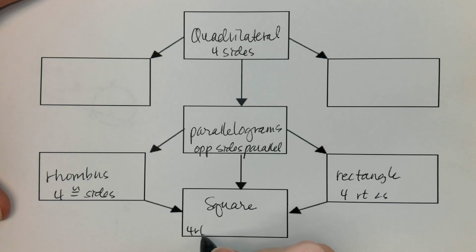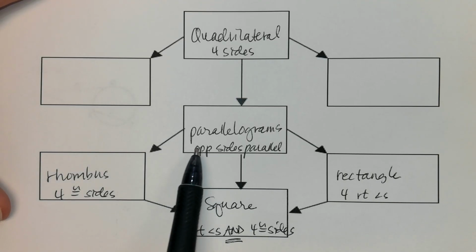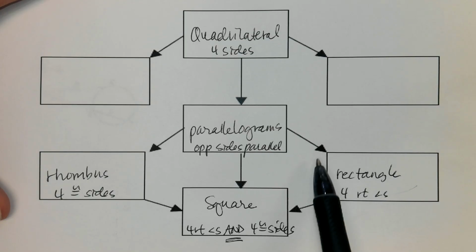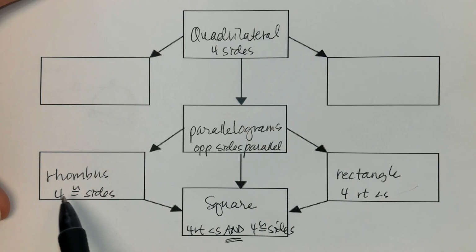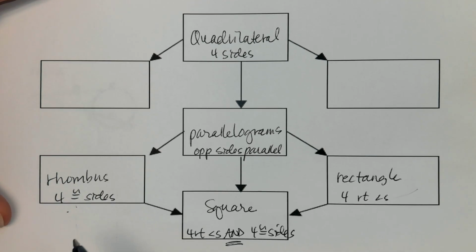And squares have 4 right angles and 4 congruent sides. Now, once you know your parallelogram, you have lots of other properties. Once you know your rectangle, you have lots of other properties like diagonals are congruent, rhombuses have diagonals perpendicular. There's lots of other stuff that happens that you could list here, but this is what makes a rhombus a rhombus. This is the qualifying feature you need to have.